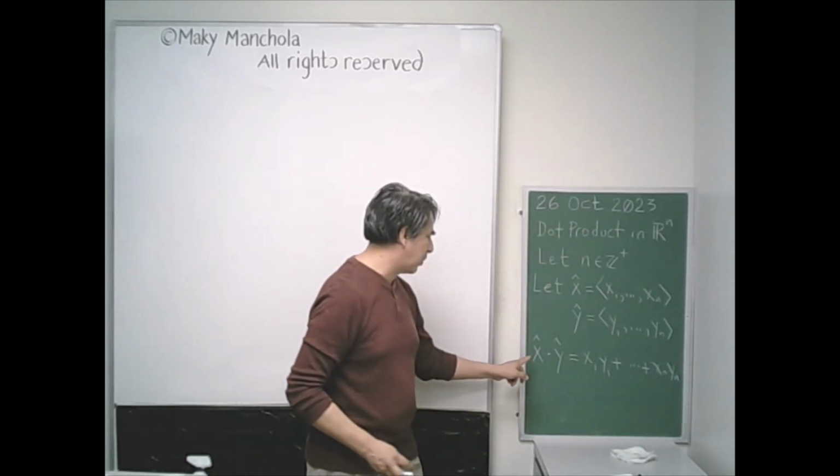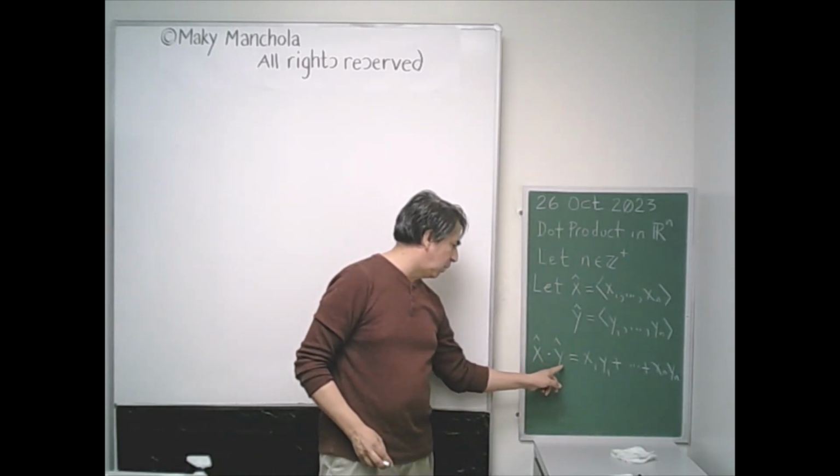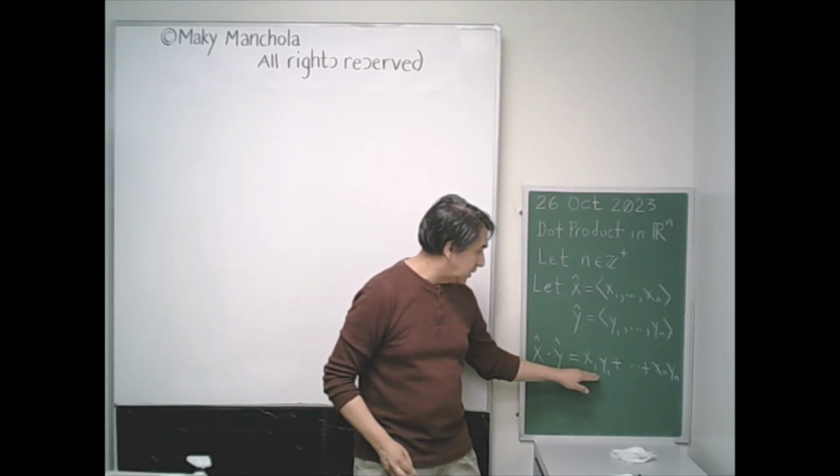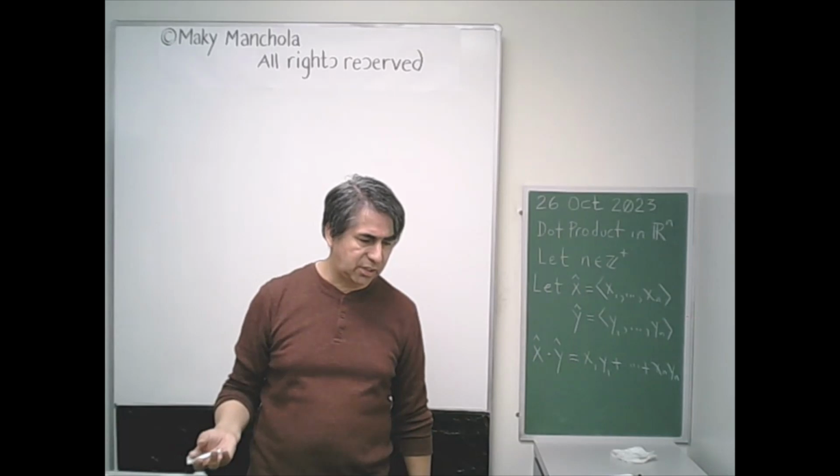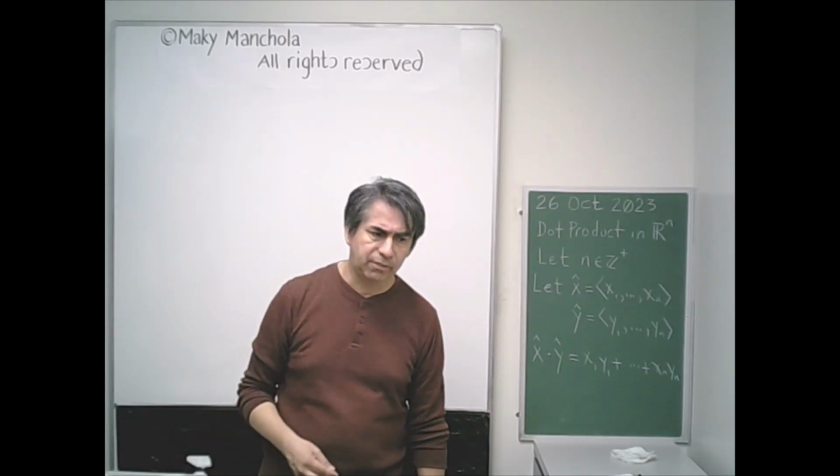So the dot product of vectors x and y is a constant, a real constant. It could be positive, it could be 0, it could be negative. It's a real number.